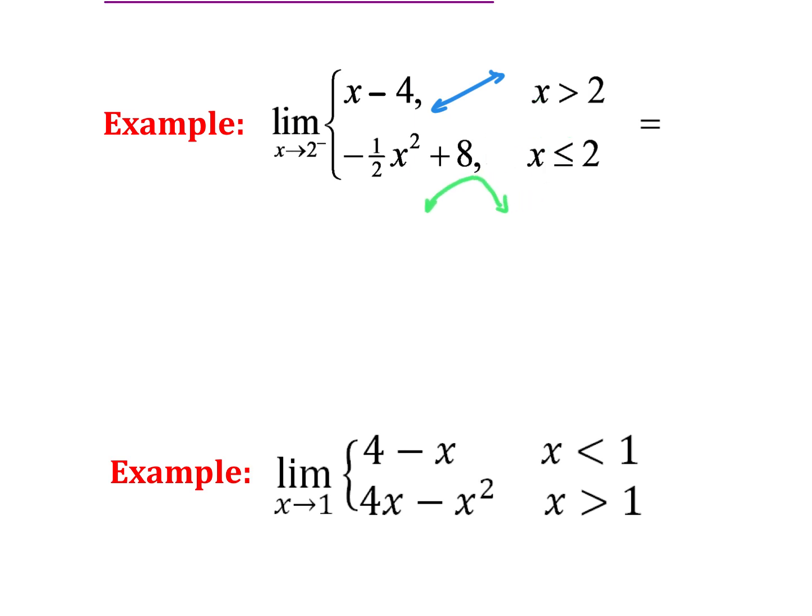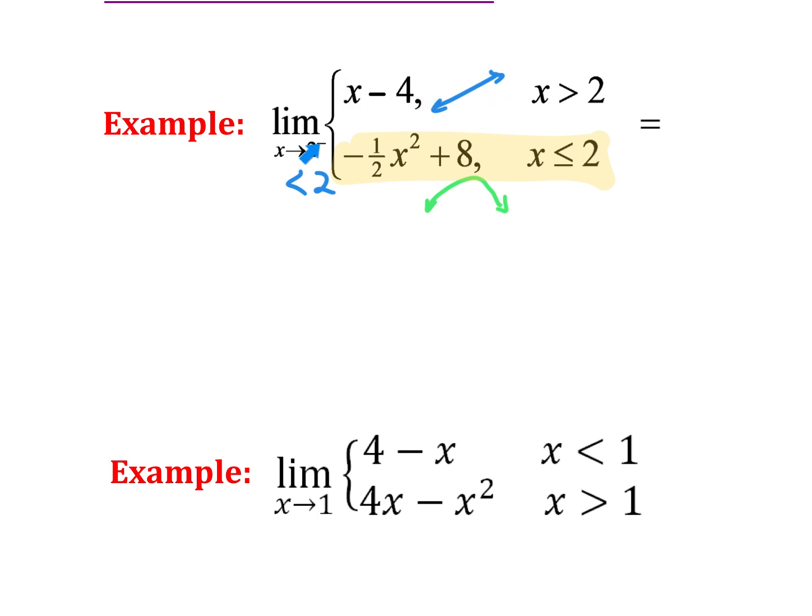So if we are approaching 2 from the left-hand side, we are going to concern ourselves with anything that has values less than 2. Here, I've got less than or equal to 2, so I'm going to use this function. Now, if this was a 2 from the right, then I would use this top function.